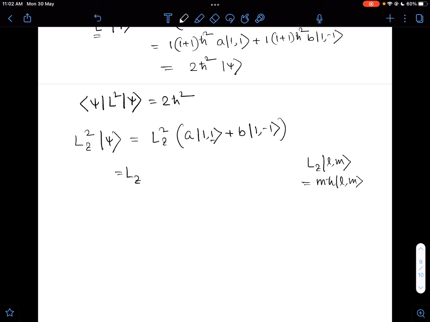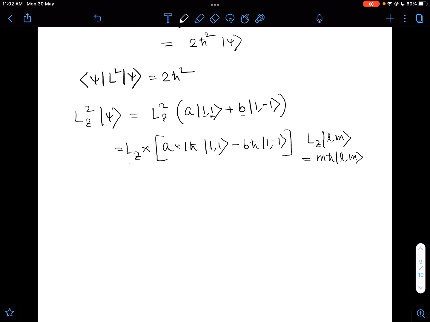So first let us operate only one Lz. On the first term we get 1ħ|1,1>, and on the second we get minus 1ħ|1,-1>.